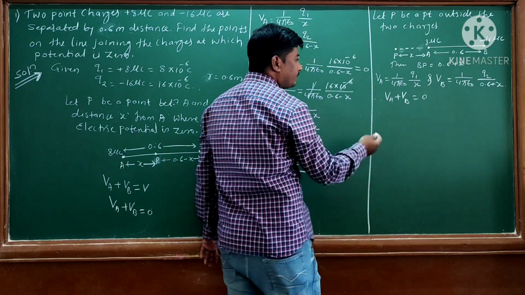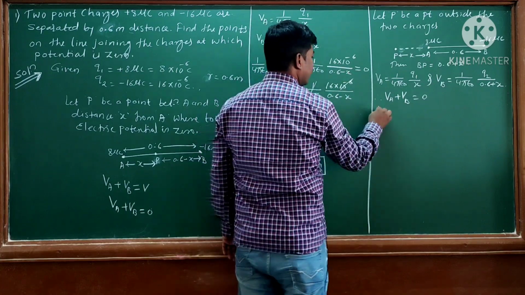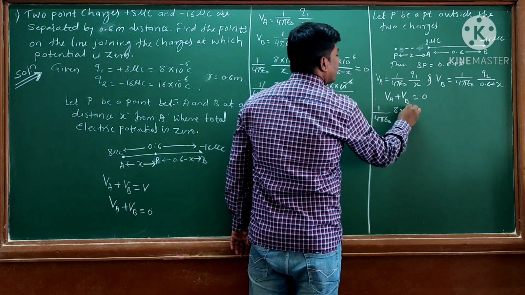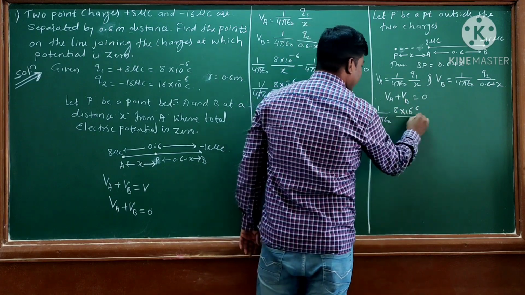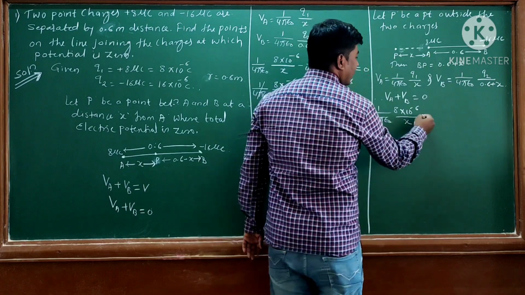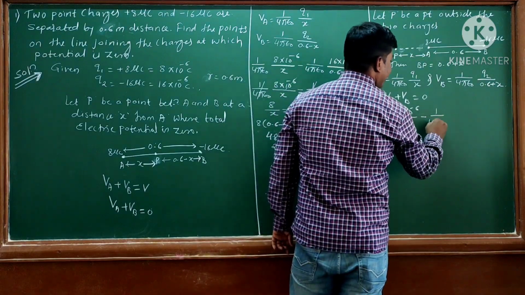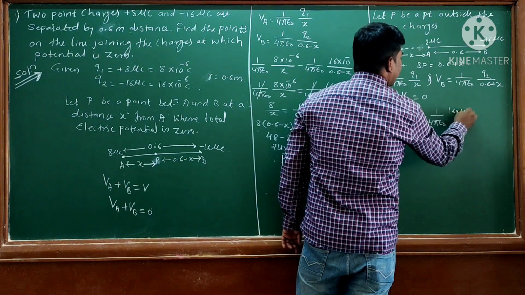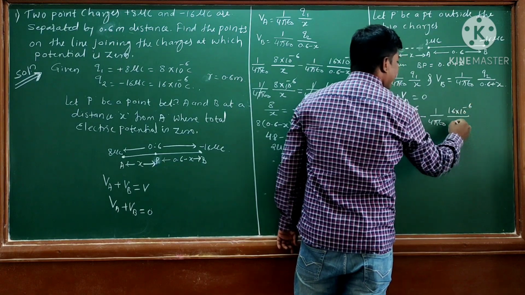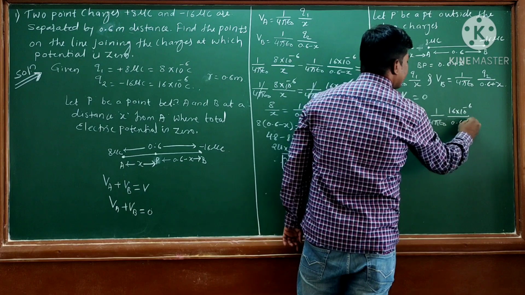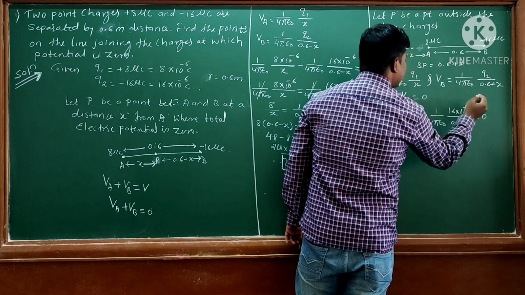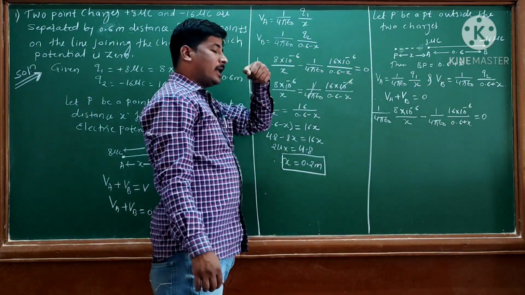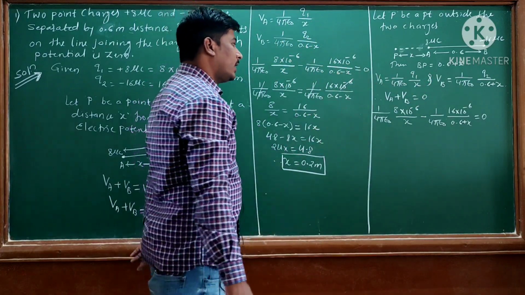Substitute the values. Same I can write 1 by 4 pi epsilon naught 8 into 10 to the power minus 6 divided by x, minus 1 by 4 pi epsilon naught 16 into 10 to the power minus 6 divided by 0.6 plus x, which is equal to 0. Why negative sign? I already have said that electric potential due to the negative charge is always negative.